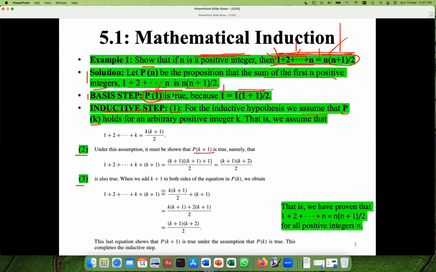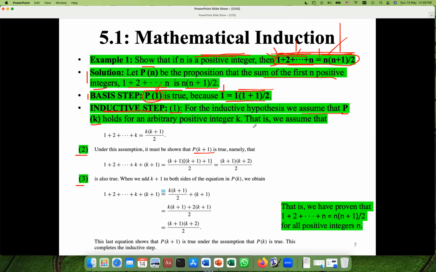You are not assuming, you are saying true, because after evaluation, you can first evaluate and then say P of 1 is true. That is also okay. But in the inductive step, first you have to assume. So what is that assumption? P of k. Then you can write, we assume that P of k is true for an arbitrary positive integer. What is the domain? The domain is positive integers.